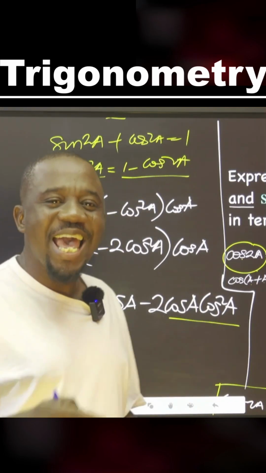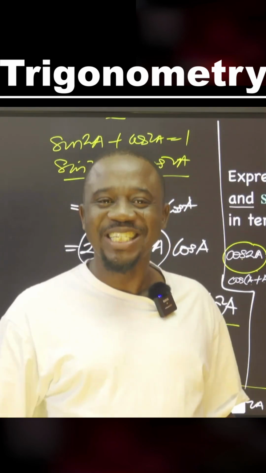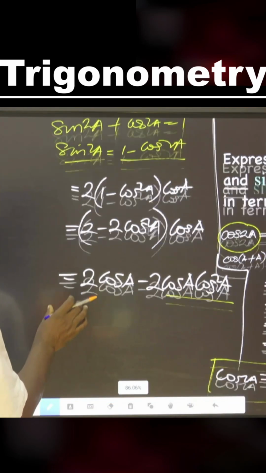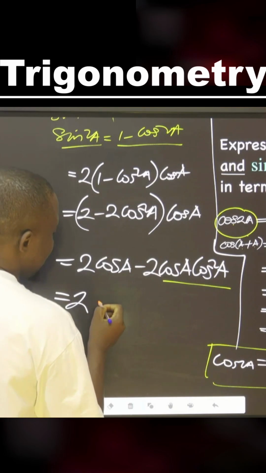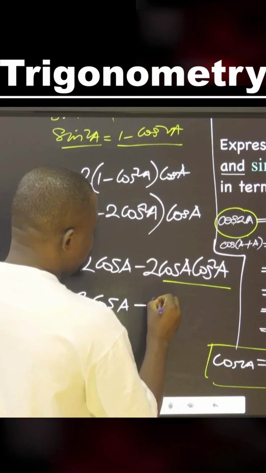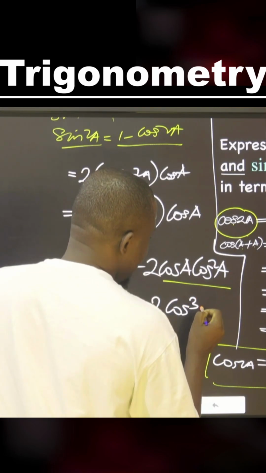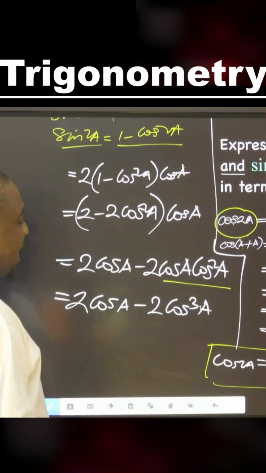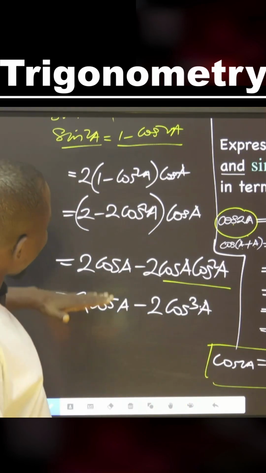It simply means A multiplied by A squared, which is A raised to the power 3. That is the way I look at it. It means 2 cos A minus 2 cos A raised to the power 3. So you might decide to leave it like this or like this.